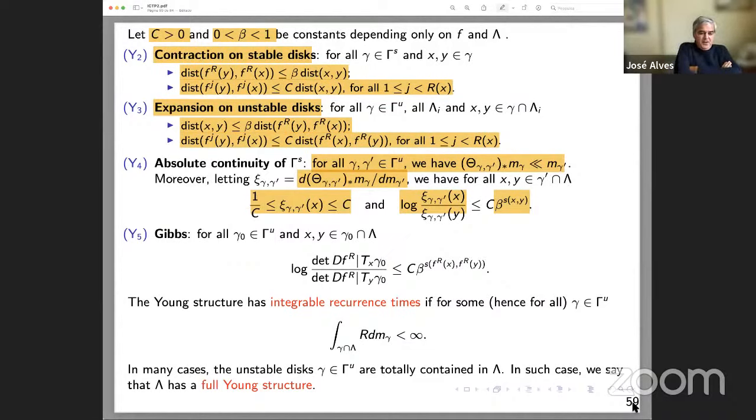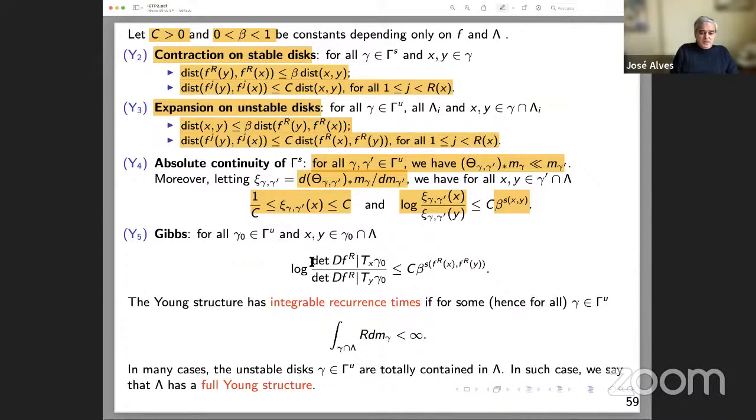So, the third one is the regularity of the Jacobian. This is the Jacobian of the return map. The return map goes from one unstable leaf to another unstable leaf. And here, from the very beginning, we are considering smooth maps. So this Jacobian exists.